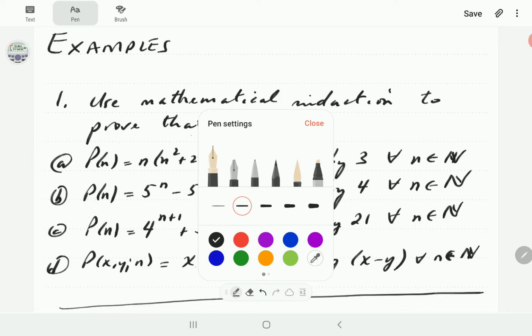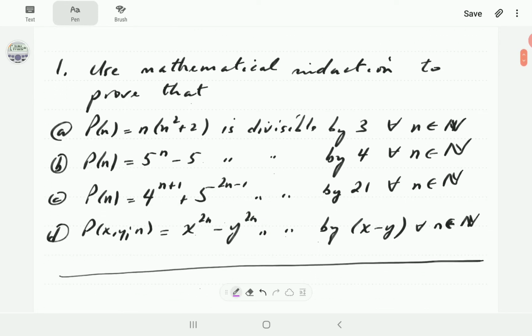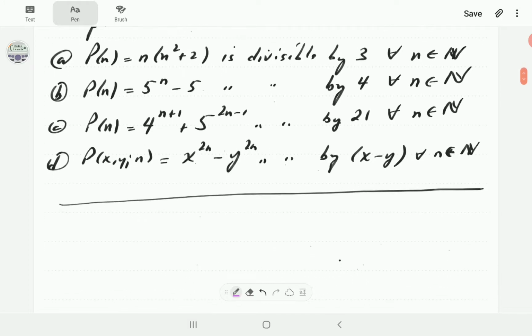If you haven't watched our previous video, you might want to do that before you go on with this video, because in the previous video we laid the foundations for mathematical induction and explained the basic steps of how this method works. So in this video we're just going to show how those steps work out in practice.